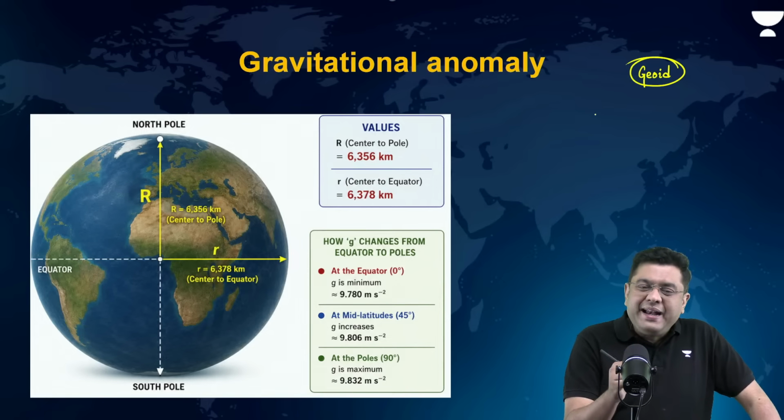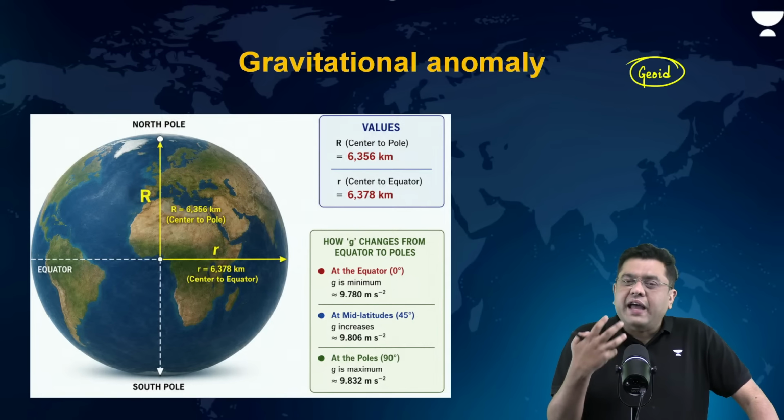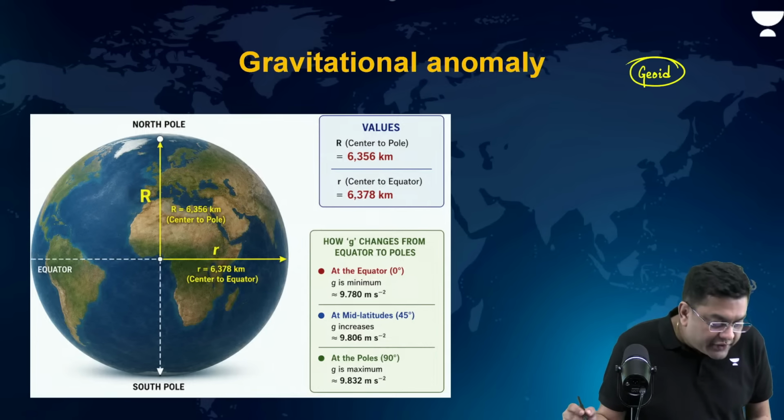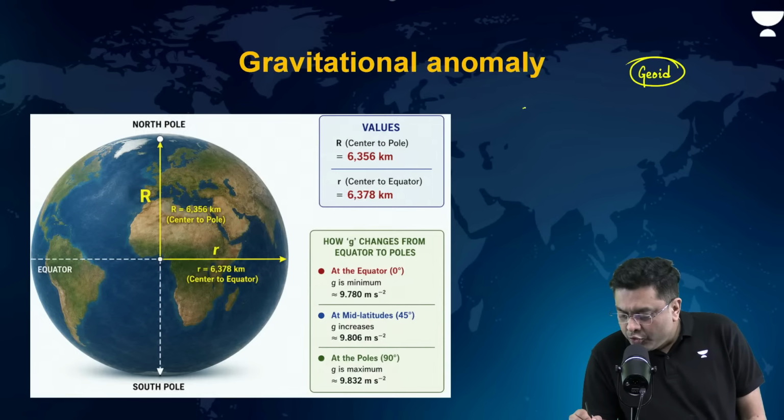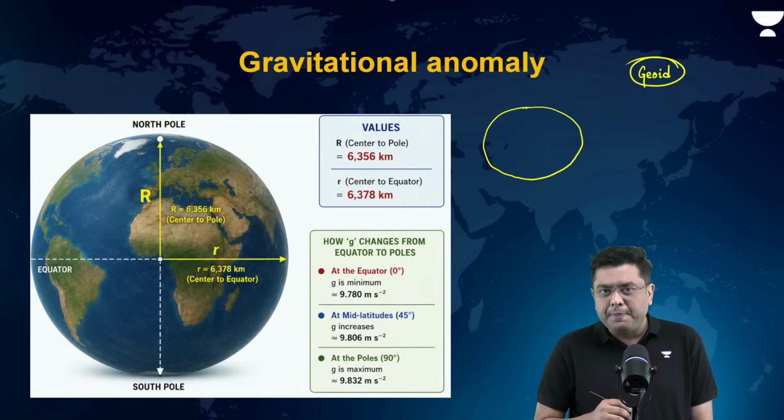Okay, so planet Earth is what is referred to as a geoid. So, what is a geoid? Geoid is a shape whereby you will see that the planet is slightly flatter at the region of the poles and slightly bulged at the region of the equator.